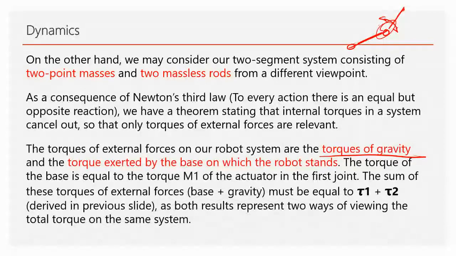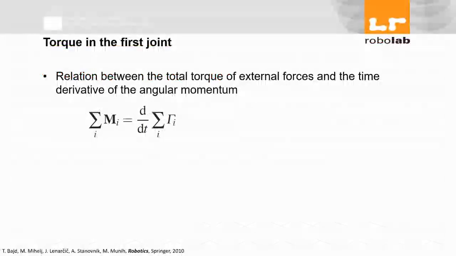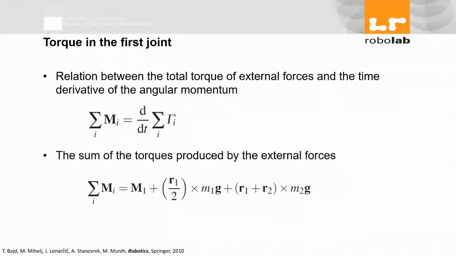Okay. So the torque of the base is equal to m1 and the actuator in the first point. The sum of the torques from the external base and gravity will be totally equal to theta 1 and theta 2. So it tells me that the torque my motor needs to apply is the total torque you're applying to the system.